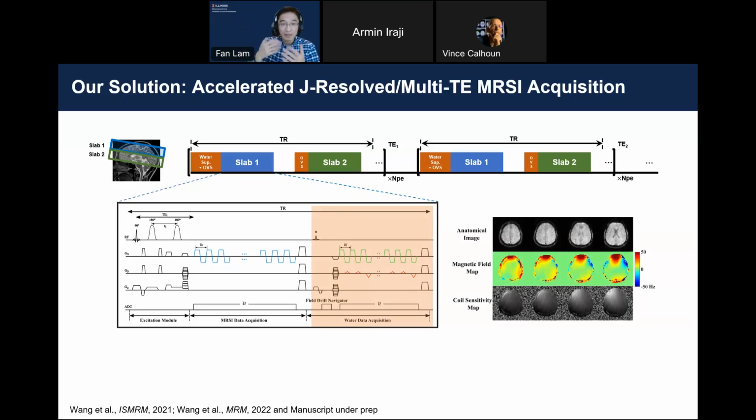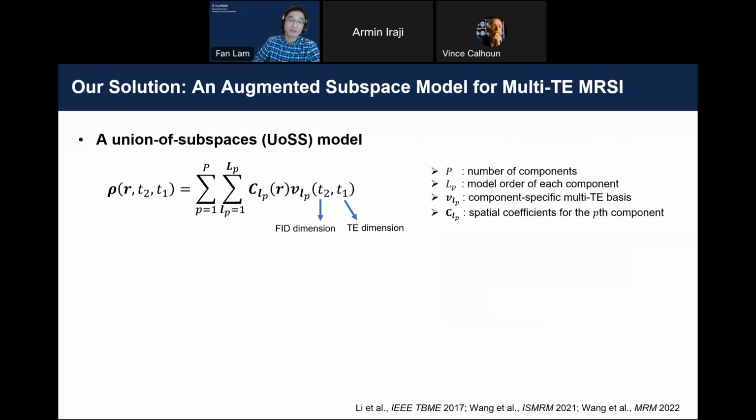We try to acquire some additional data in this free period. For example, we can interleave some water acquisition and acquire interesting data that you would have done using water imaging. Using this, you can extract not just water image information, but also some system information that can be useful for data processing, eliminating the need for an additional calibration scan to further reduce the total acquisition time.